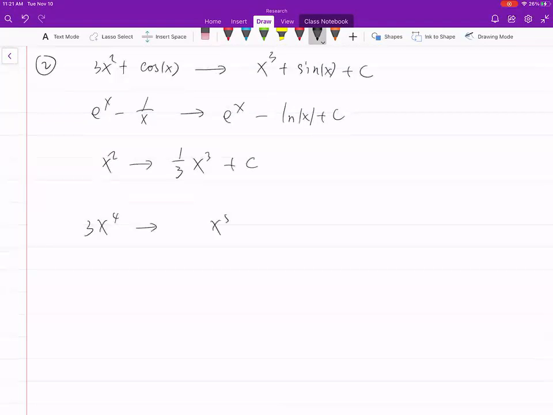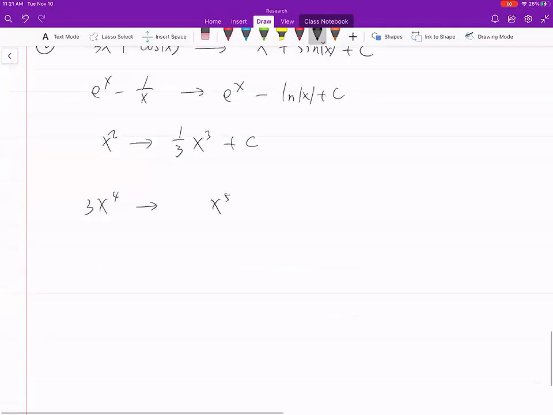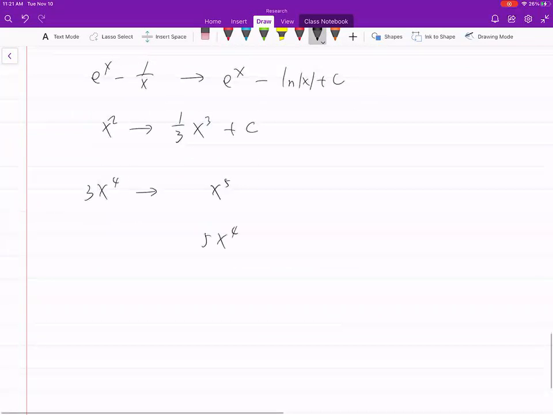It's going to be x to the 5. But if it is x to the 5, I take the derivative, I should have this, right? Then just times 3/4. Make sense so far? Okay, so you just match the constant.